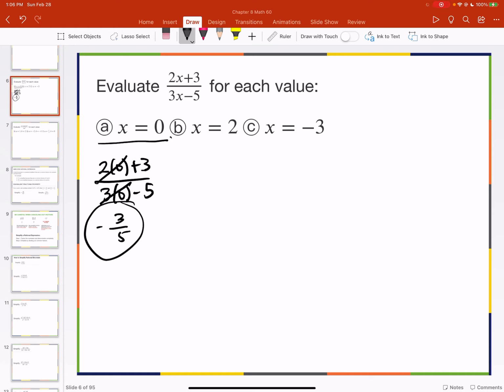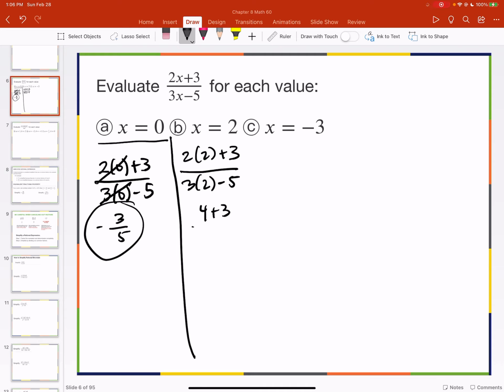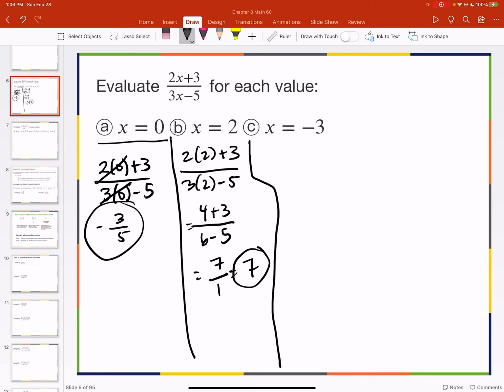That's A. For x equal to 2, you would get 2 times 2 plus 3 over 3 times 2 minus 5. That becomes 4 plus 3 on the top and 6 minus 5 on the bottom, in other words, 7 over 1, which is just 7. That's what the rational expression evaluated at 2 is.